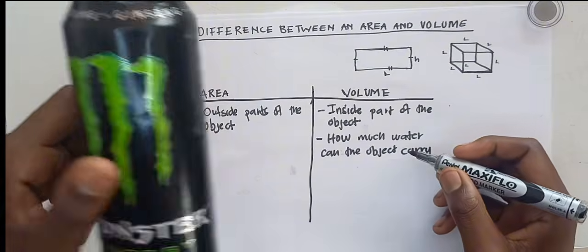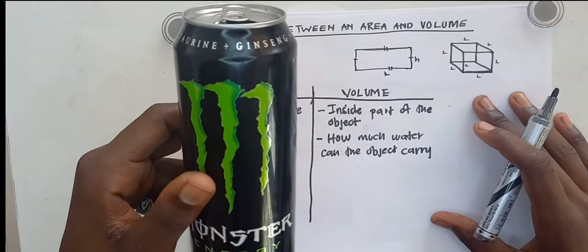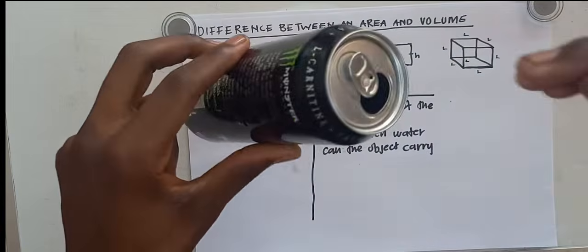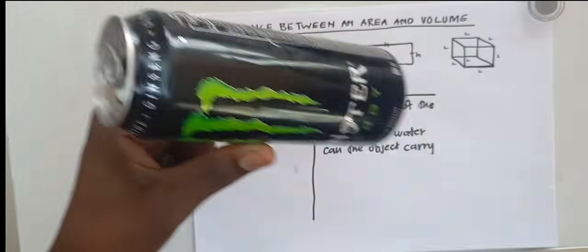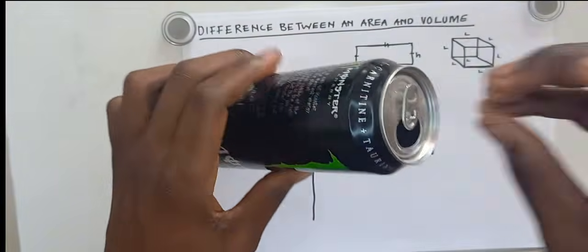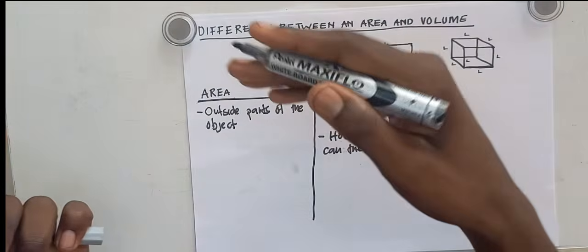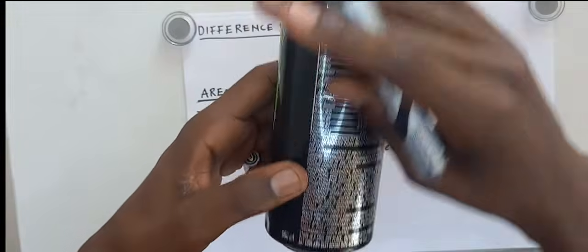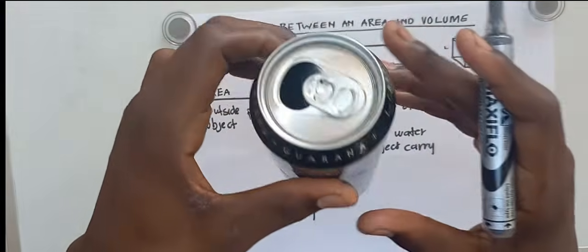If we know how much water this object can carry, that will be our volume, and the water is going inside, which means we talk about how much it can carry. When we talk about a volume, actually we talk about how much this can can carry. Meanwhile, when we talk about an area, we talk about the outside parts.